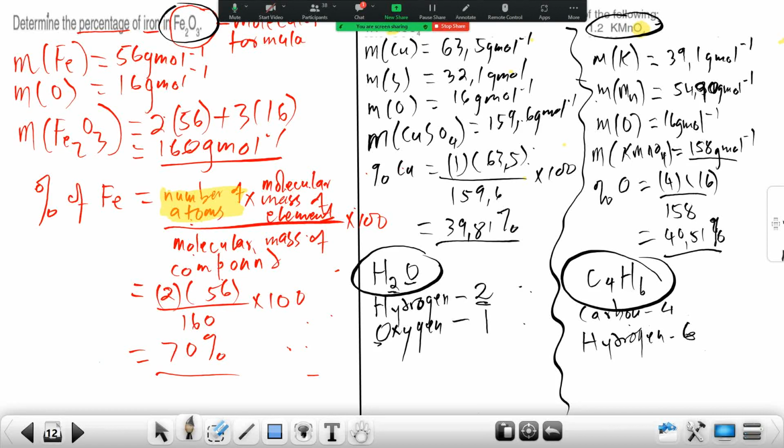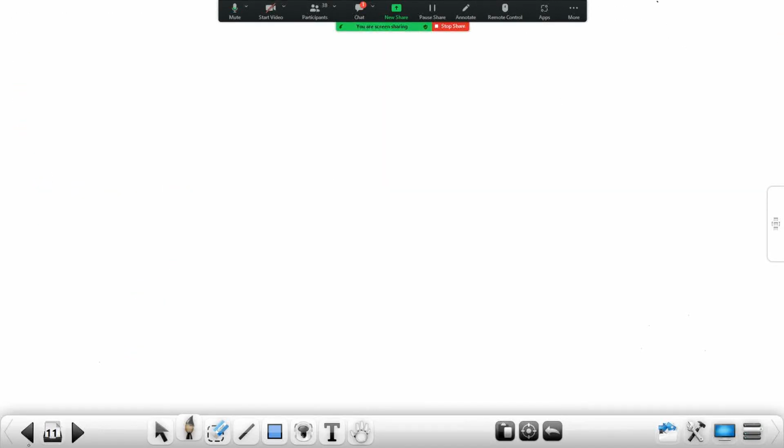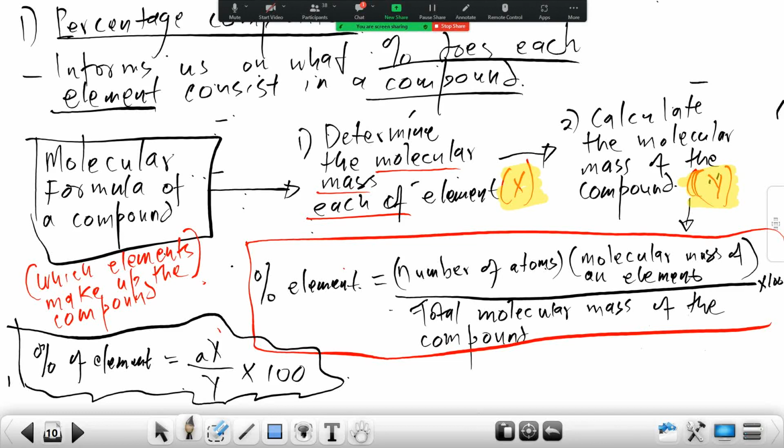So I have 1 copper, I have 1 sulfur, and then I have 4 oxygens. I have 1 potassium, 1 manganese, but now 4 oxygens. So basically, that I get from where? From the correct molecular formula that is given to me. Hence, the first step here was I write down the molecular formula.